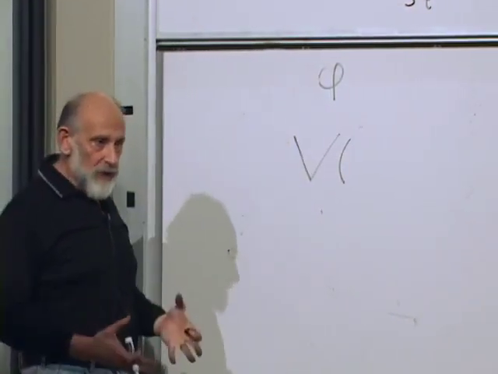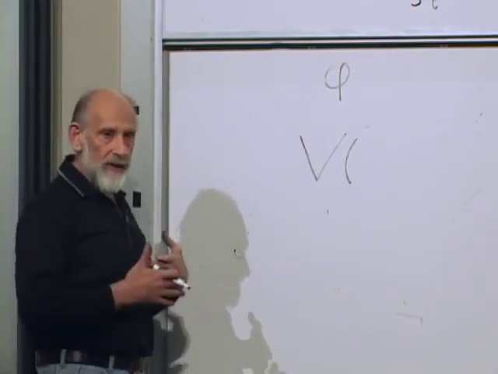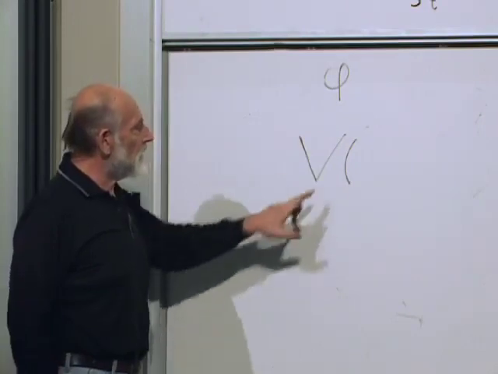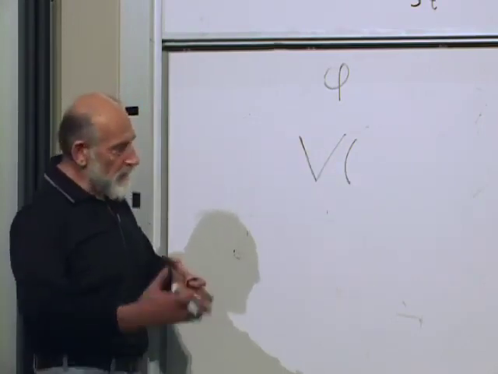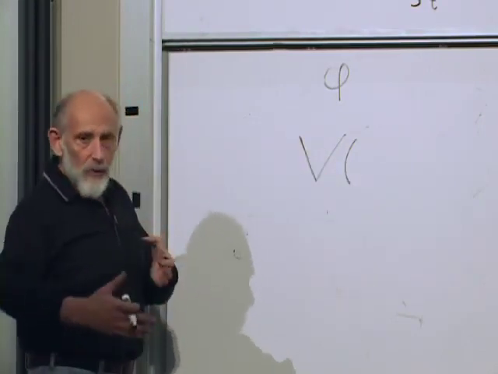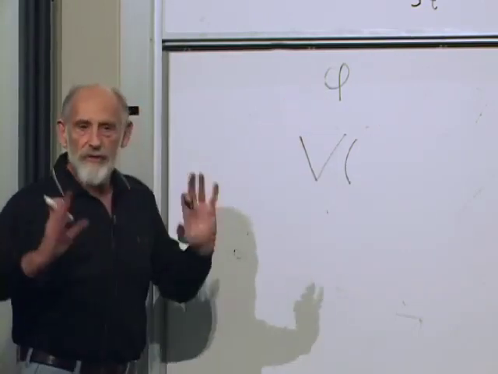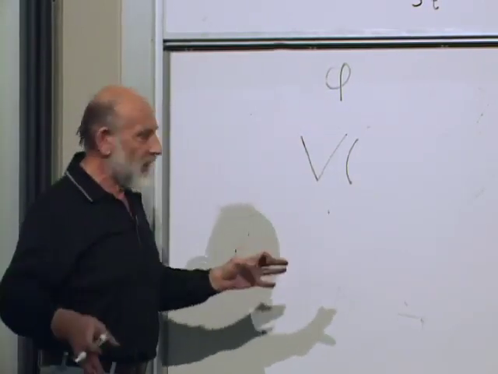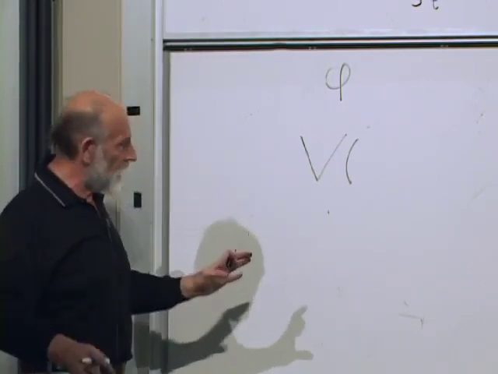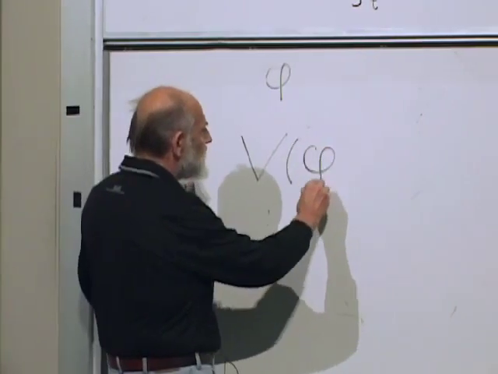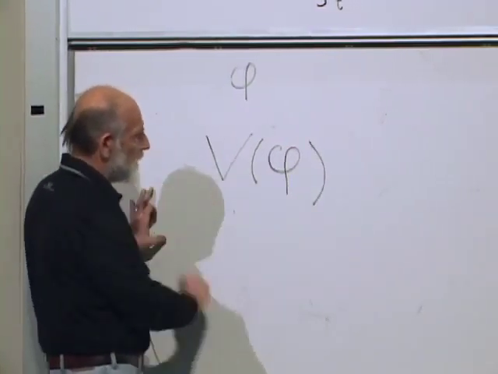Of course, there's energy in a field if it's oscillating, if it's fluctuating. But there also can be energy in a field just because the field is displaced away from zero value. Now for the moment, let's completely forget about quantum mechanics. Quantum mechanics is not important to the discussion right now. And it's some potential energy called V of phi.